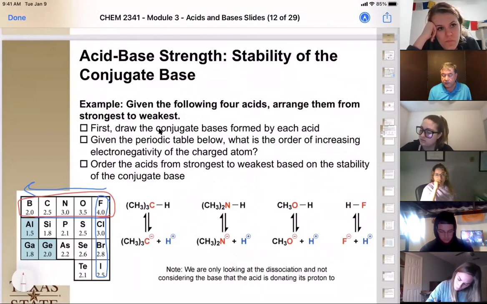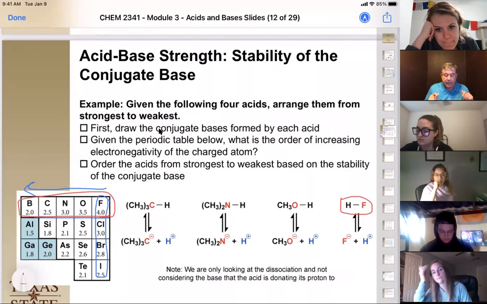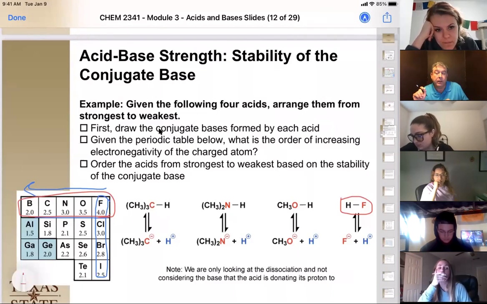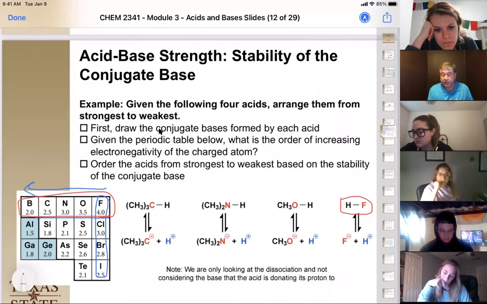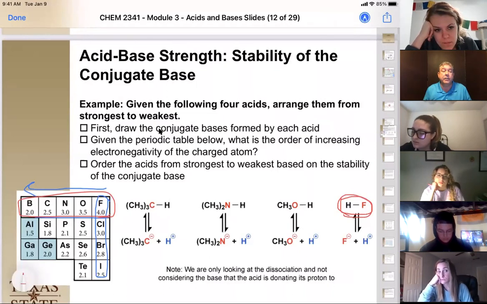So the first one right here on that row 2 is our fluorine. It has the most polar bond, and the fluoride has the highest electronegativity. So in theory, this should be the strongest acid of the set because of that electronegativity.